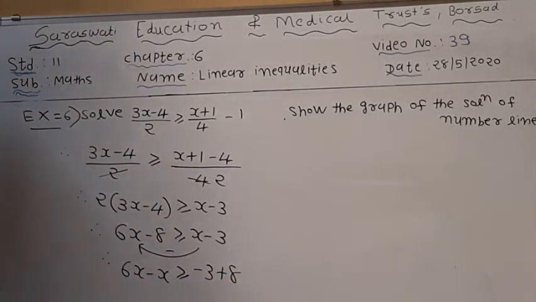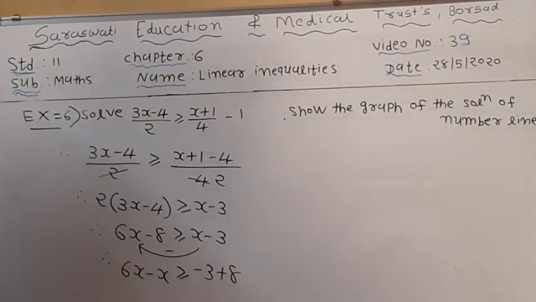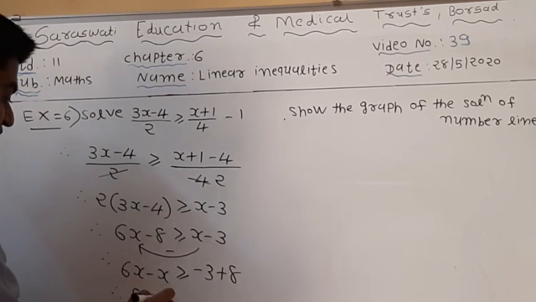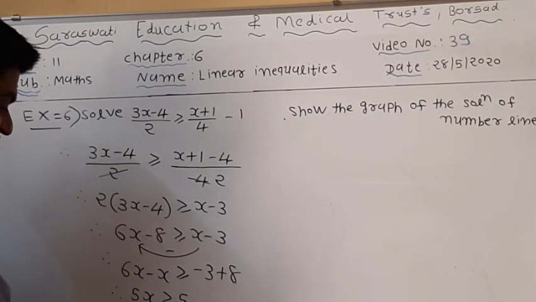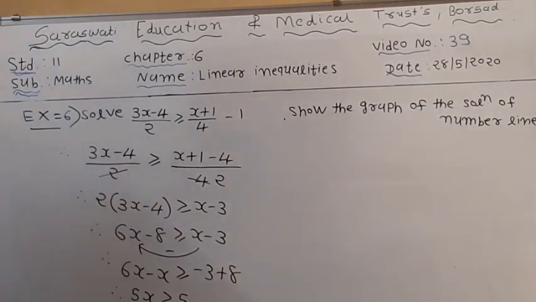Now after simplifying, 6x minus x, that means 5x, greater than or equal to 5. Now divide by this term. So therefore here we write x greater than or equal to 1.